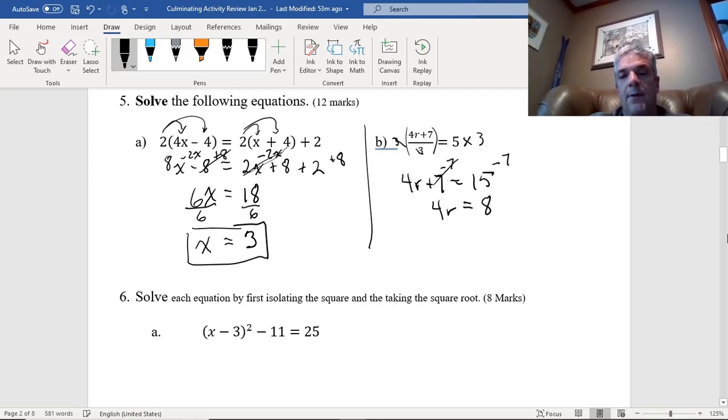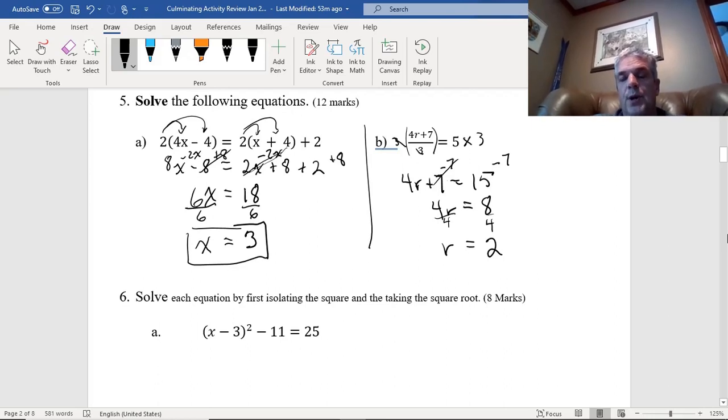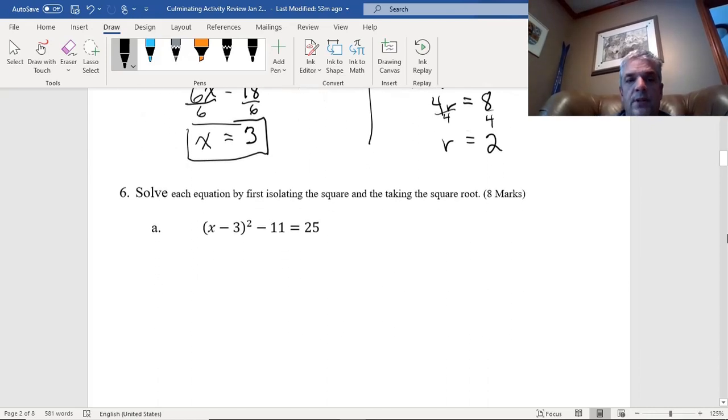Those two disappear. Now I want to get rid of the 4 next to r. It's multiplying, so I'm going to divide by 4, and I'm going to get r equals 2. And my final answer is r equals 2, and I'm all done. Okay, let's move on down to the next one.